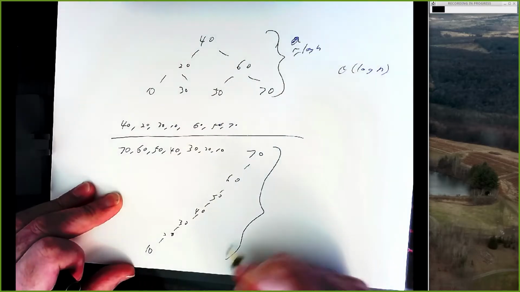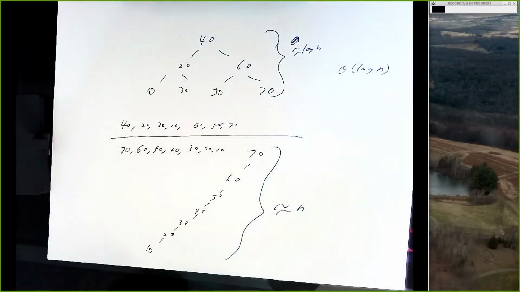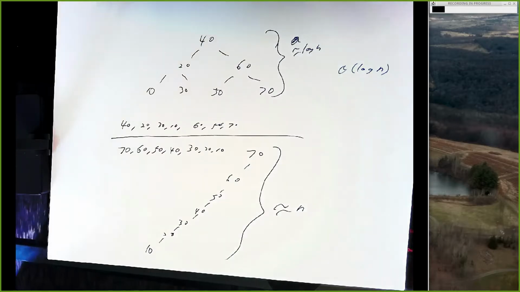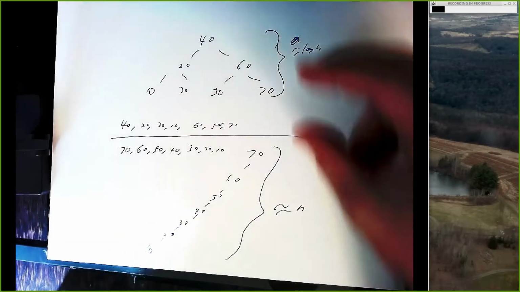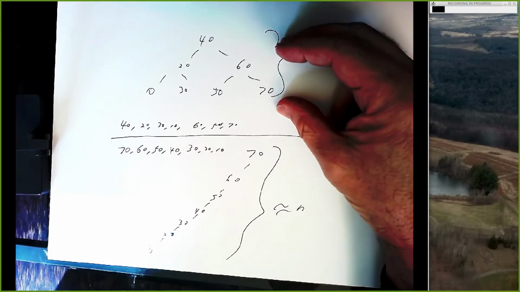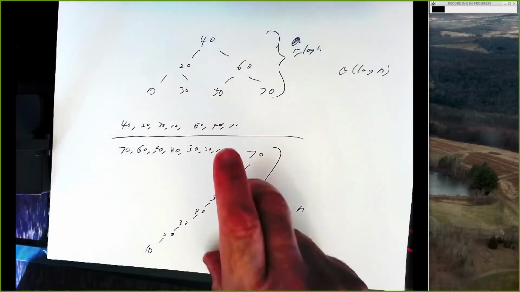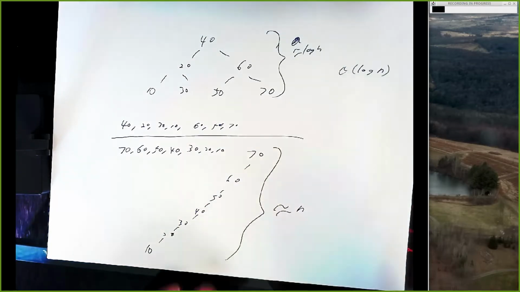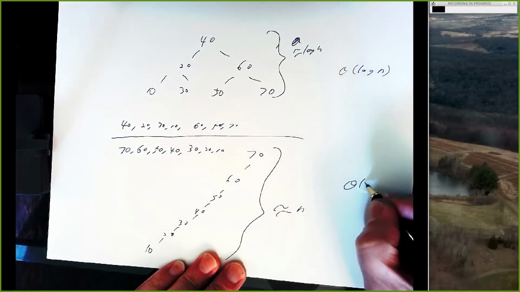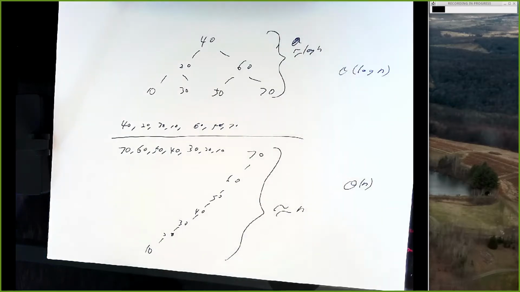And the height of a tree like this is basically n, the number of nodes that you have in here. And since the height of the tree is related to how much work we have to do to add, to search, to delete, operations on this tree will be more along the lines of order n instead of order log n.